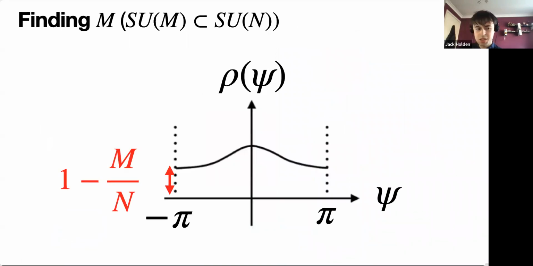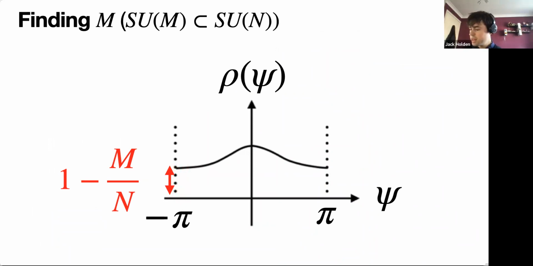So this means that in the partially confined phase, we can read off the number of deconfined colors by the density of eigenvalues at the lowest density.